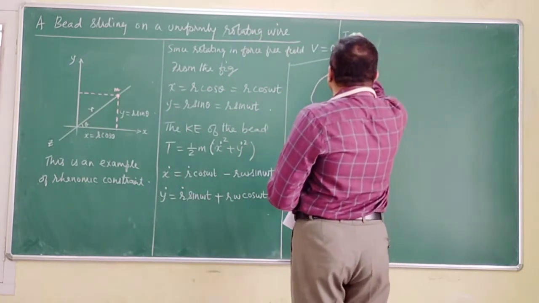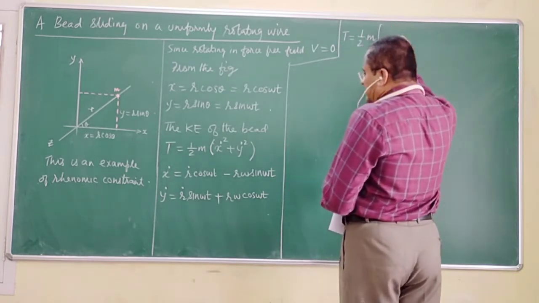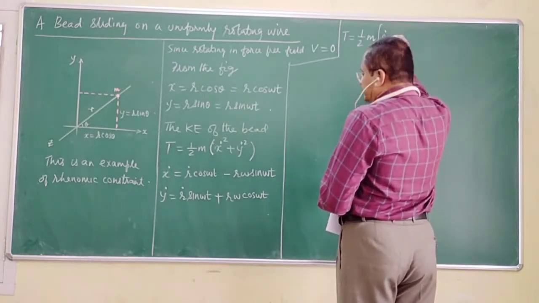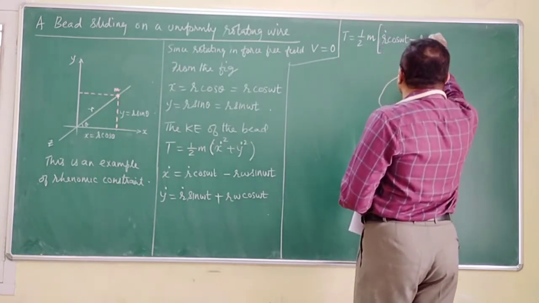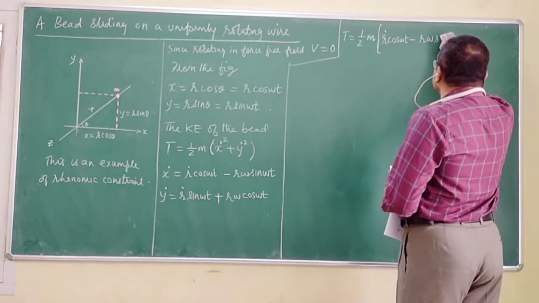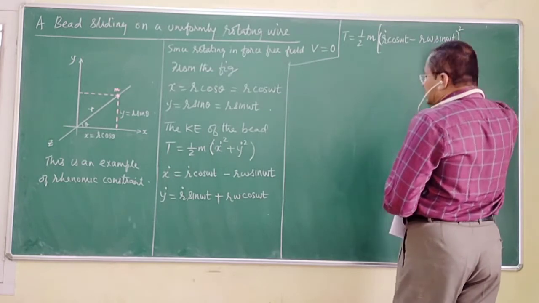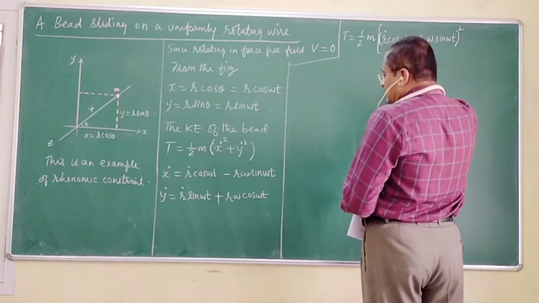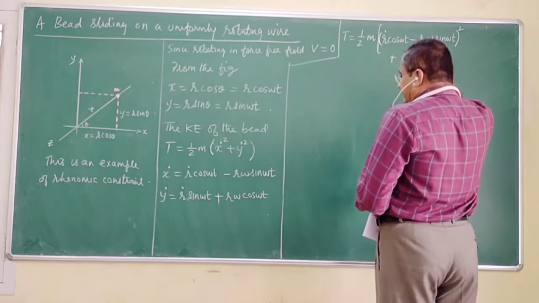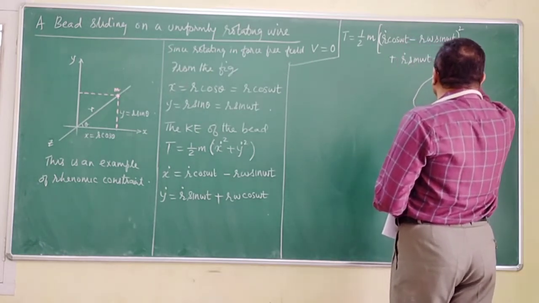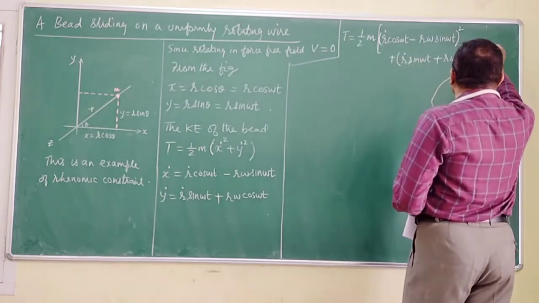Therefore, T becomes equal to half m bracket open r dot cos omega t minus r omega sin omega t the whole square plus r dot sin omega t plus r omega cos omega t the whole square.